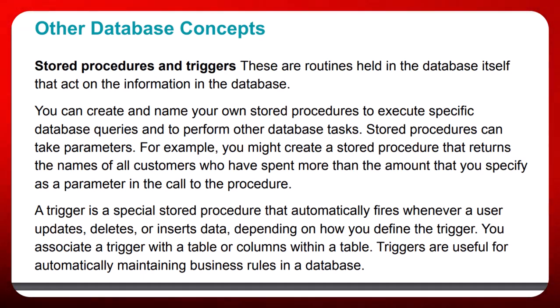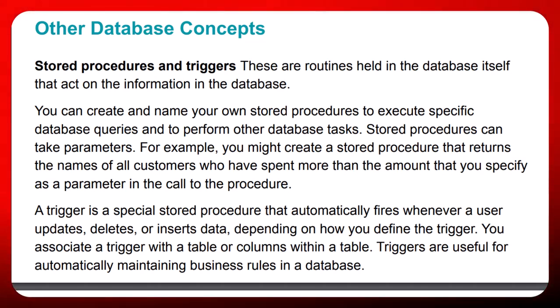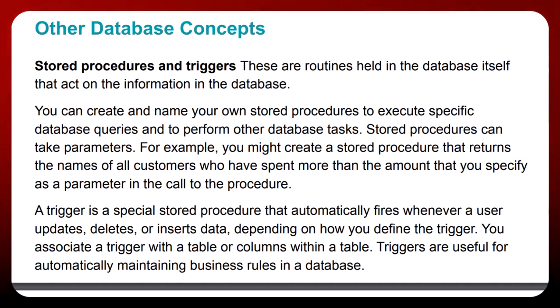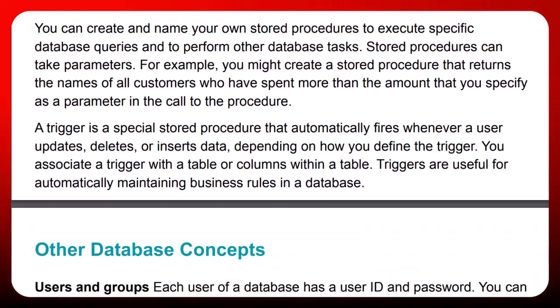So a trigger would just let the admin know what the update is. Have we deleted something? Have we inserted a new record or something? You associate a trigger with a table or column. Triggers are useful for automatically maintaining business rules in a database. Okay.